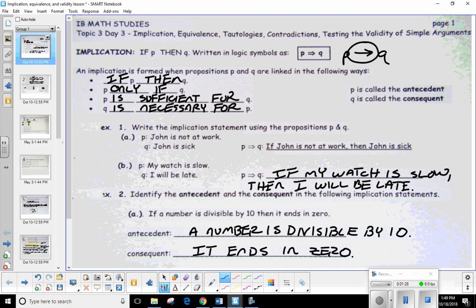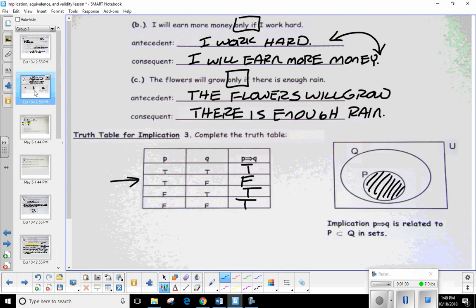But the behavior for implication was a little unusual. It did mimic proper subsets when we were talking about our intro to sets. But as far as the truth table goes, what was the only one we had to worry about? Only if it was true false. Only this situation right here.